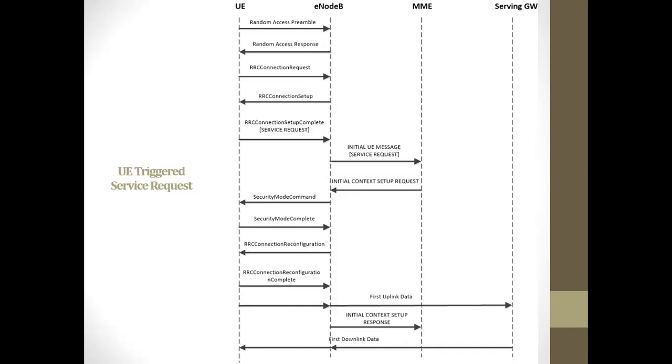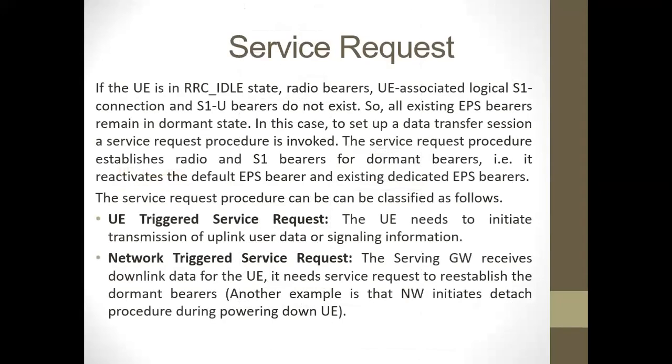Accordingly, it asks to create the bearer. This is what is done if you already have a radio bearer which can support your service. If you need a new EPS bearer, then you need to follow this procedure.